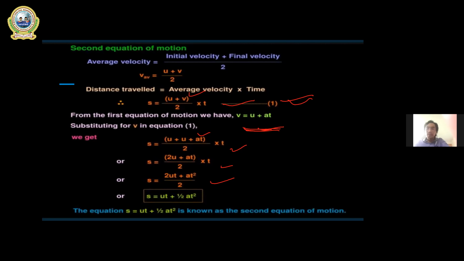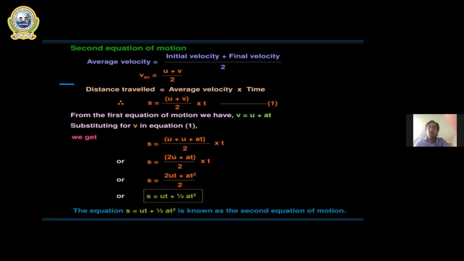Then s equals 2ut upon 2 plus at square upon 2. The 2 cancels, and there will be only ut plus one upon 2 at square. Finally, we got equation second.